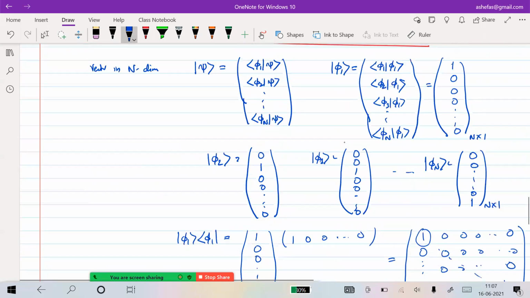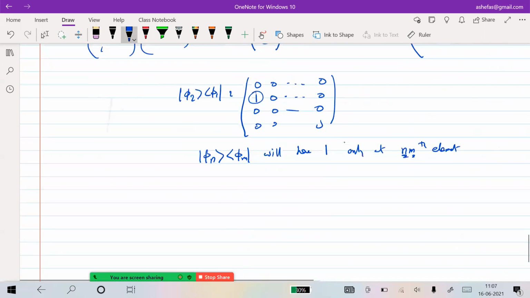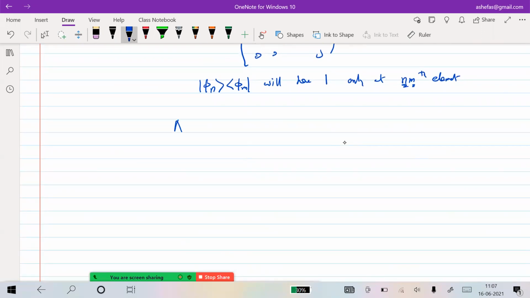So if that is okay for you, then we can expand this matrix representation. Your matrix operator A is the sum over n equal to 1 to capital N, m equal to 1 to capital N, A nm, the outer product phi n phi m.